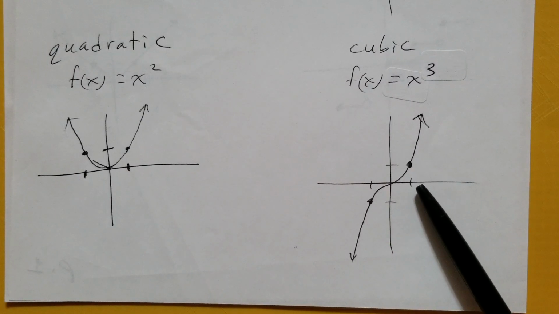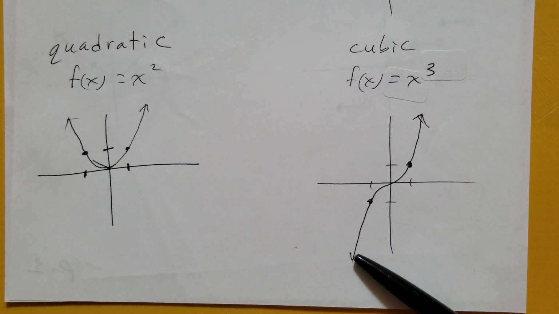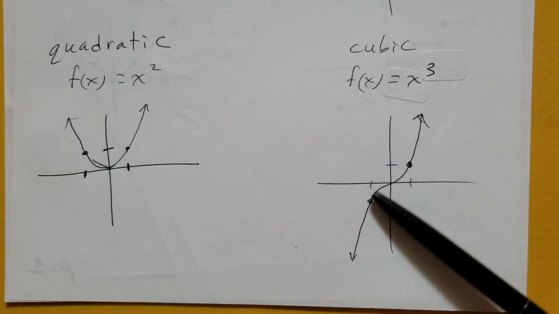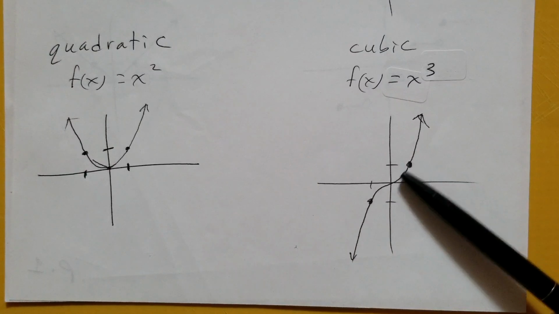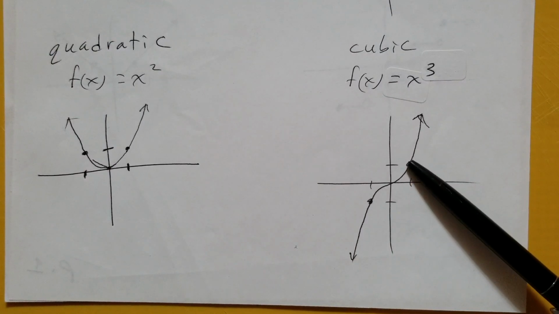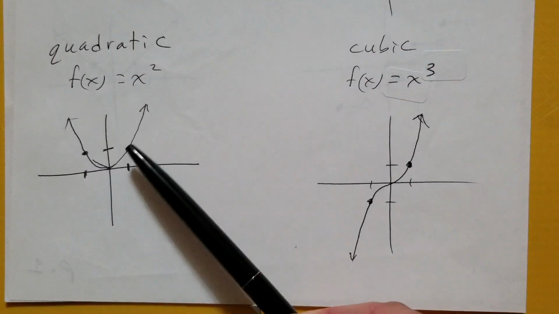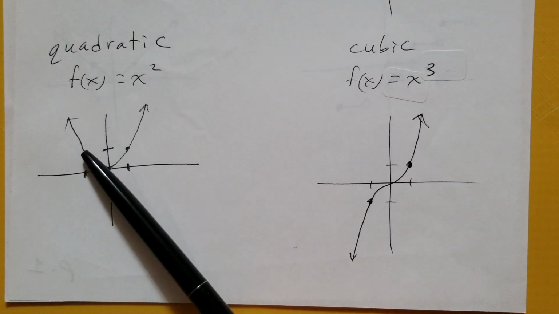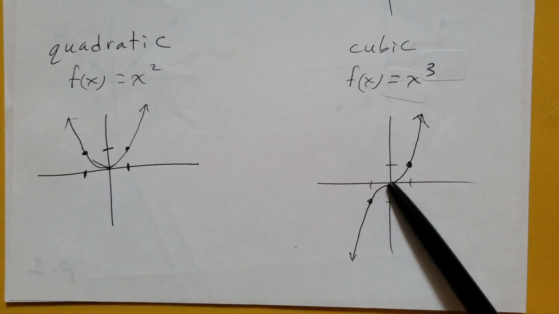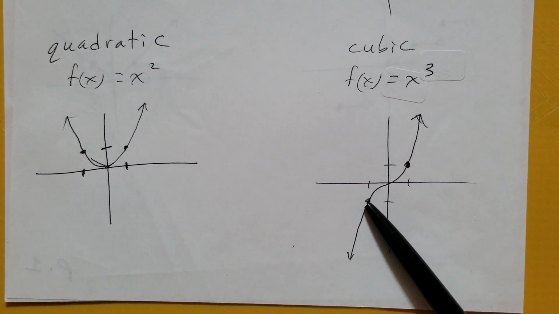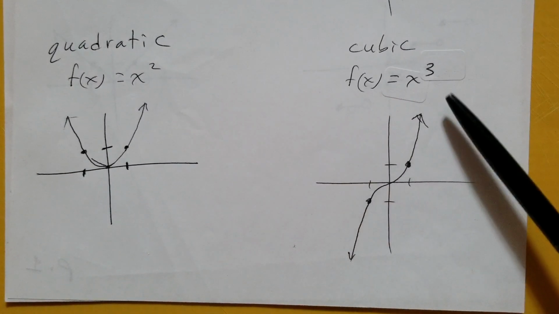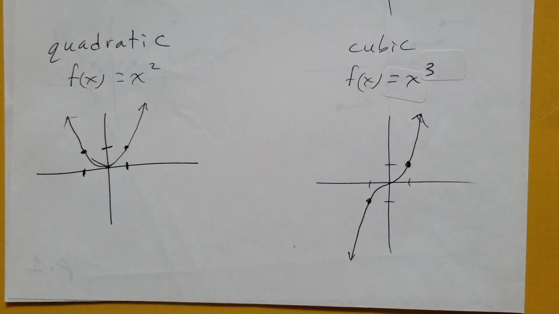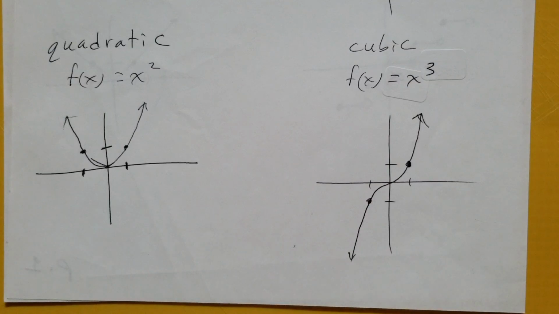So when you sketch these, it's hard to sketch them, but at the very least, you should go through 0, 0, and 1, 1, right? 1 to the left, 1 down, 1, 1, right? And then make it look like a snake shape. Okay? So the cubic looks like that.